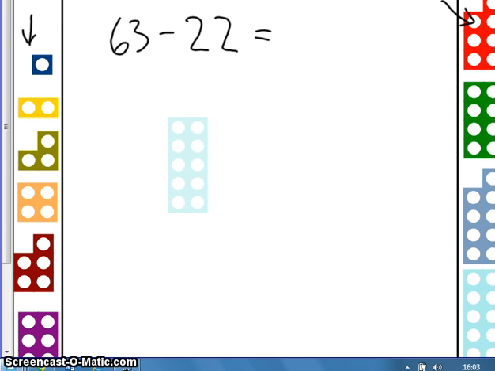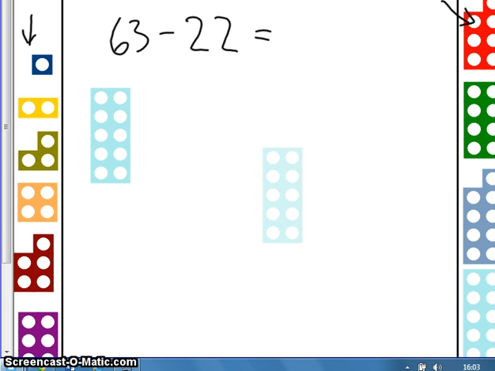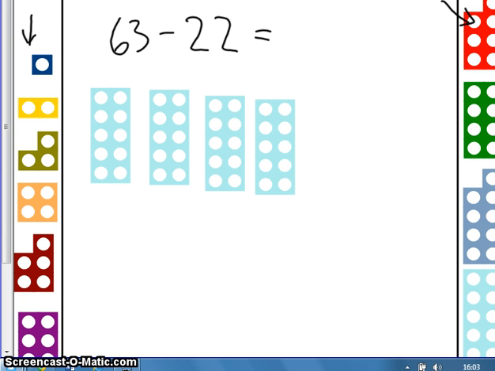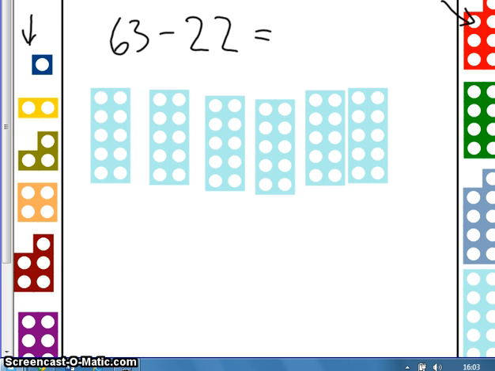So I have 10, 20, 30, 40, 50, 60, 3, there's my 3 here. I'm taking away 22. In this example, I can take away tens first, or units first. I'll take away my units first, just for ease's sake. There's my 2 gone there, and I'm taking away 2 tens as well.